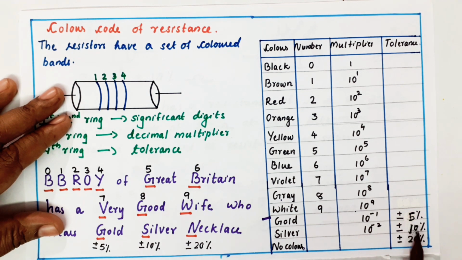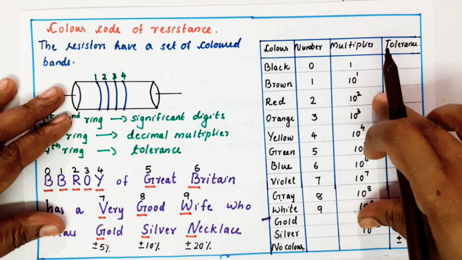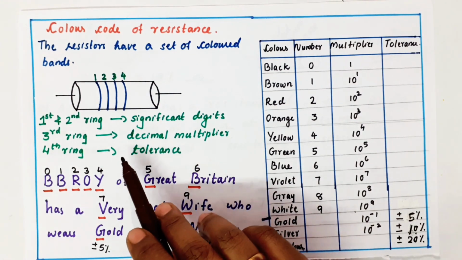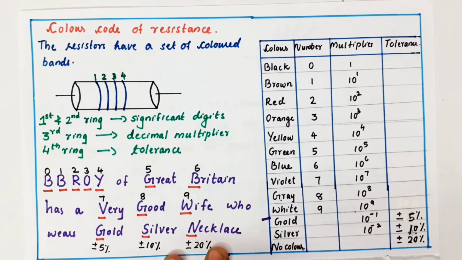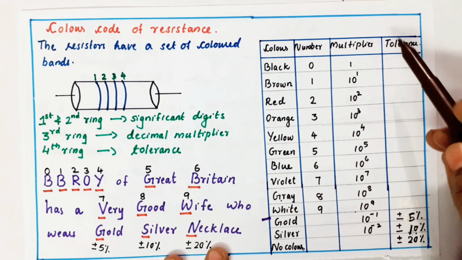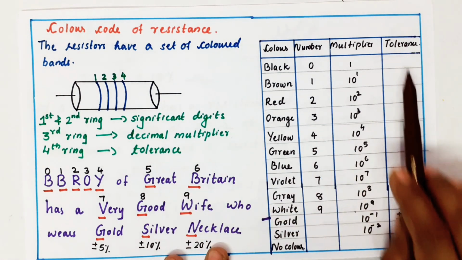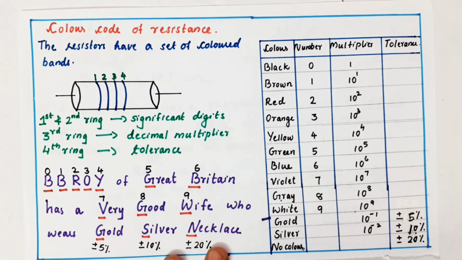Tolerance you can write like this: plus or minus 5%, plus or minus 10%, and the last one is plus or minus 20%. Okay, then the first 2 colors we write directly as significant digits. The third ring you write in the form of the multiplier. The fourth ring you write in the form of tolerance.